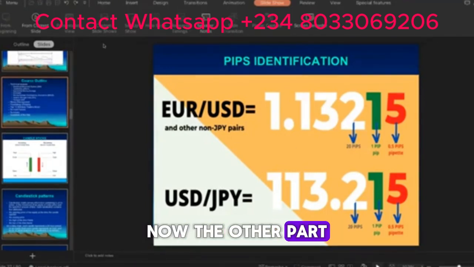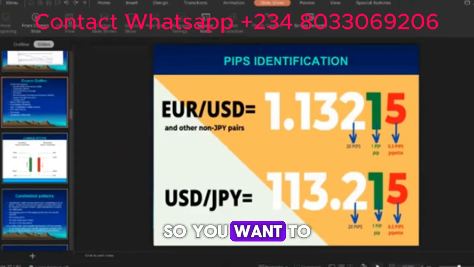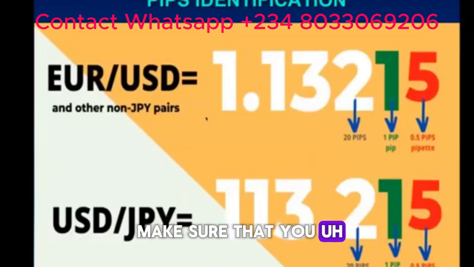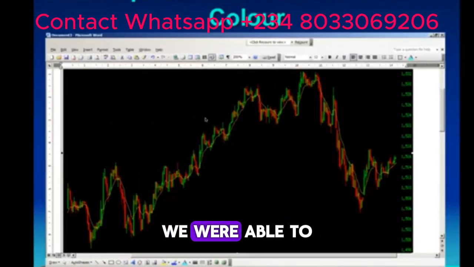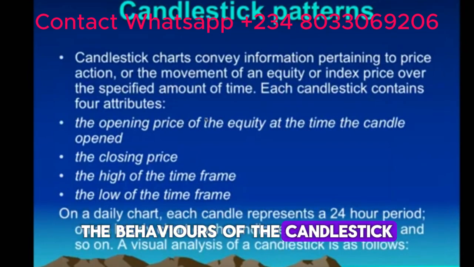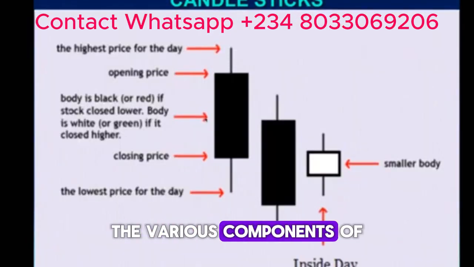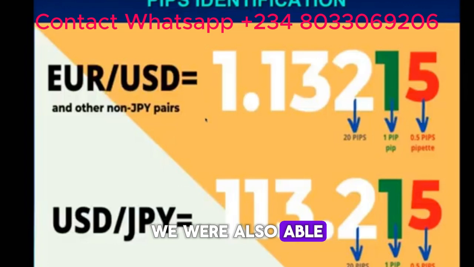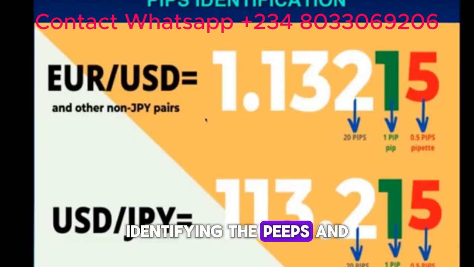The other part we'll be addressing in the next video. So you want to make sure that you watch this again and again. In this lecture, we were able to consider the candlesticks and the behaviors of the candlestick, what the candlestick stands for. And we looked at the various components of the candlestick. We were also able to explain pips numbers, identifying the pips and things around us.